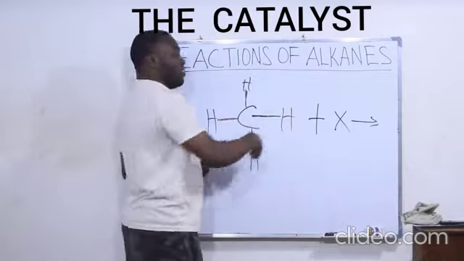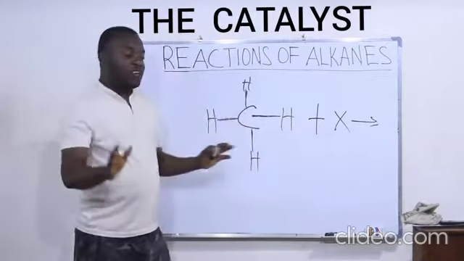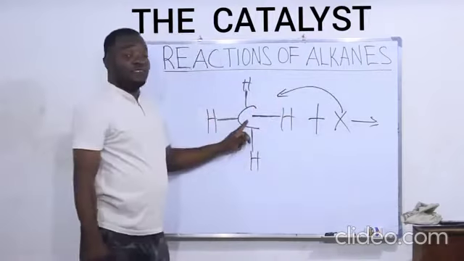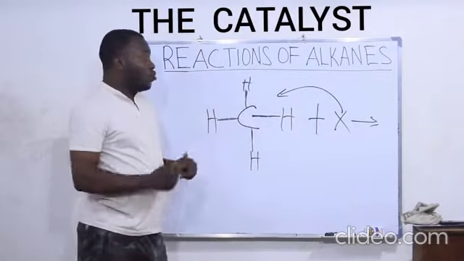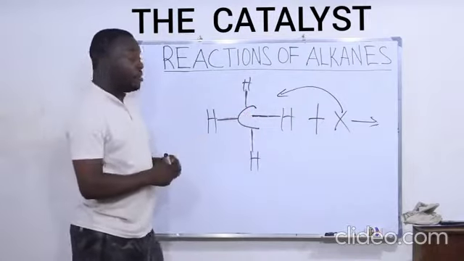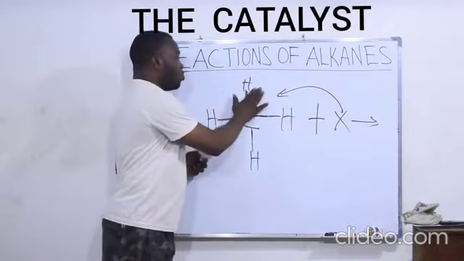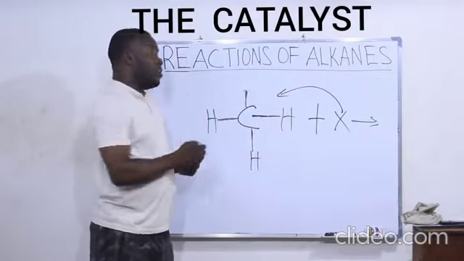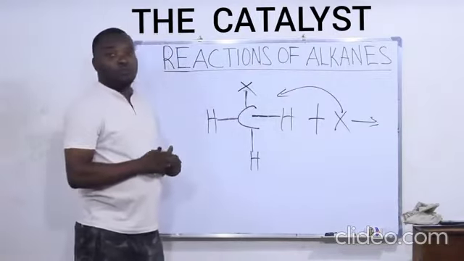You should know that there is no vacant space for this X to come and attach itself to this carbon. The only way this X can attach to the carbon in an alkane is to knock out one of the hydrogen atoms in that alkane and replace its position.